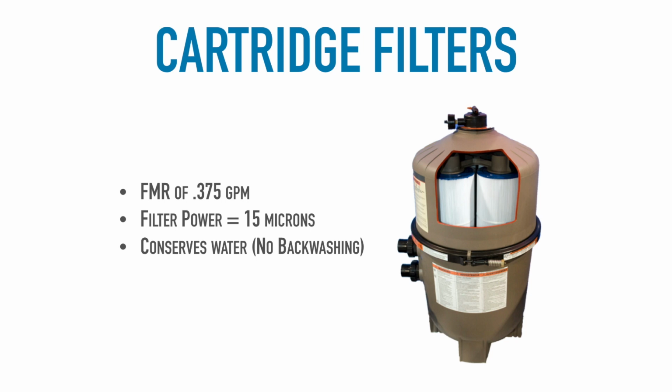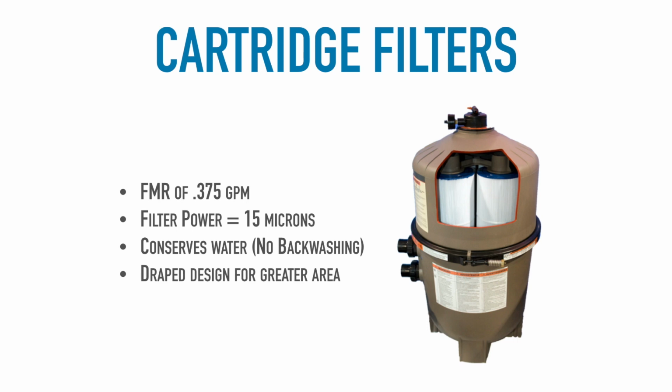Our cleaning process comes in a little bit of a different way because, as you can see inside of this cutout on this cartridge filter, we are actually using cartridges. Now, earlier I said we need a huge amount of space in order to make up for that 0.375 gallons per minute. The nice thing is we make up for that space need by a draped design on these cartridges.